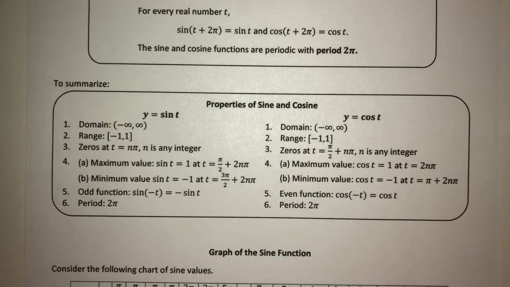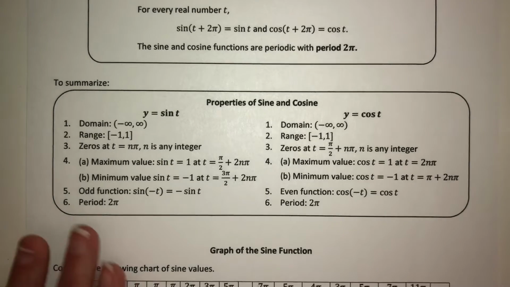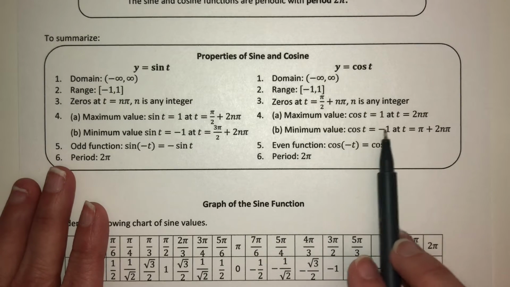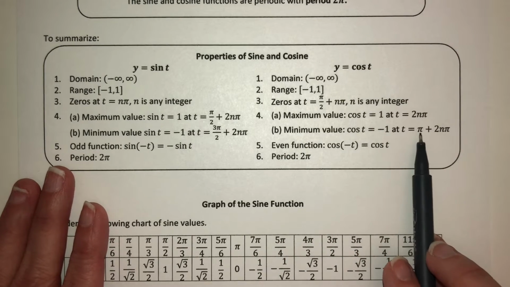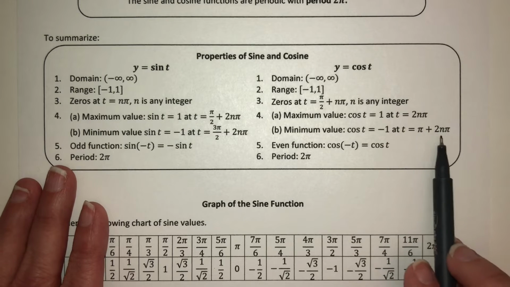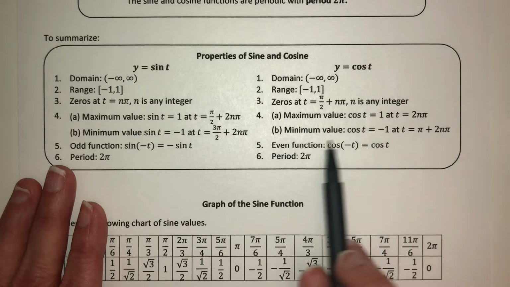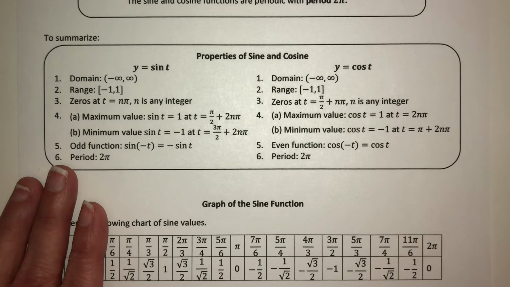So our maximum value for cosine is 1 at 2 pi, also at 0 and 4 pi, so on and so forth. We have a minimum value of -1, and this first happens at pi, and then we're going to add multiple trips around the unit circle to find -1 again and again.